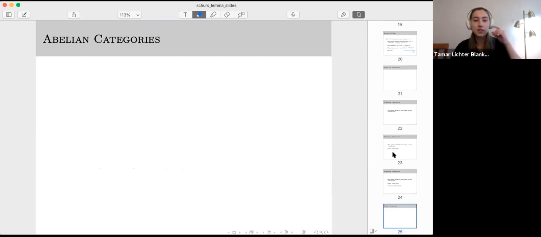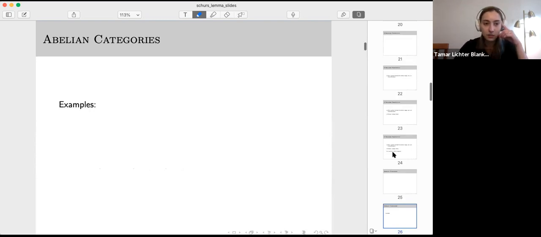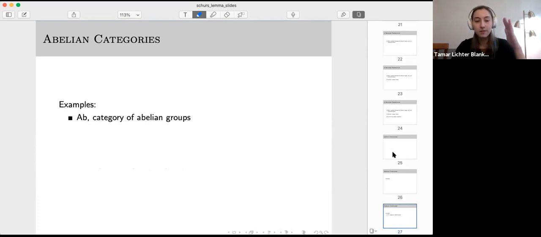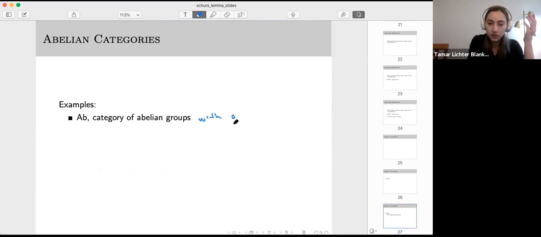Okay, so here you go. These are some abelian categories, just some examples. I didn't tell you what an abelian category is, but here are some categories that are abelian categories. The first example is the category of abelian groups. I just told you the objects and not the morphisms, but you might expect this is with group homomorphisms as the morphisms in the category.